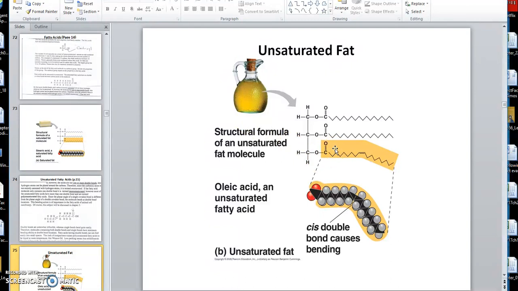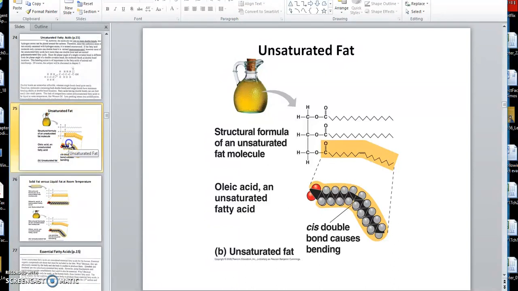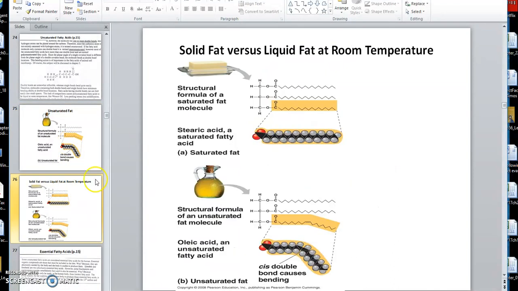The problem with the hydrogenation process, which they didn't realize initially, is that many of the hydrogens are added in a trans form, if you call it cis-trans, not the cis like I'm showing here, but a trans form. You may have heard that trans fatty acids, as a result of this hydrogenation, are the ones that cause hardening of the arteries and so forth. So I'm just pointing out some factors that you may have already heard. Here again, unsaturated oil. And right here, a saturated, a solid like this butter. Okay, just pointing out things.